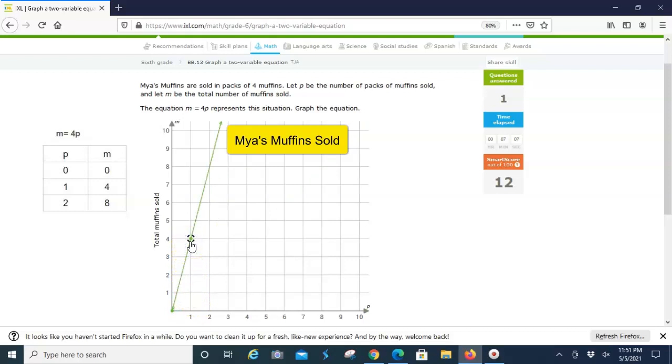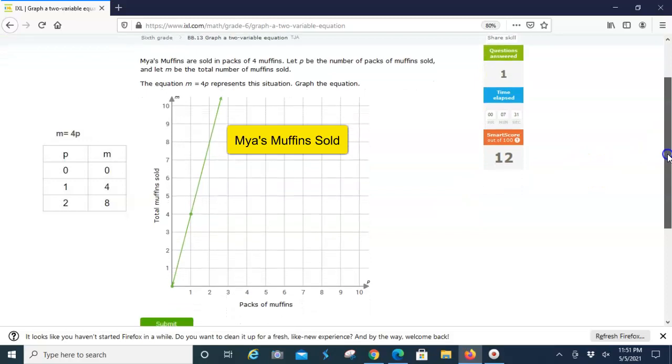And you can see now my line is already made for me in this example, because really any 2 points define a line. But check it out. If we went to 2, over 2, up 8, yes, that point is on the graph as well. And if we look at this graph, we can see it says the y is telling us the total muffins sold.